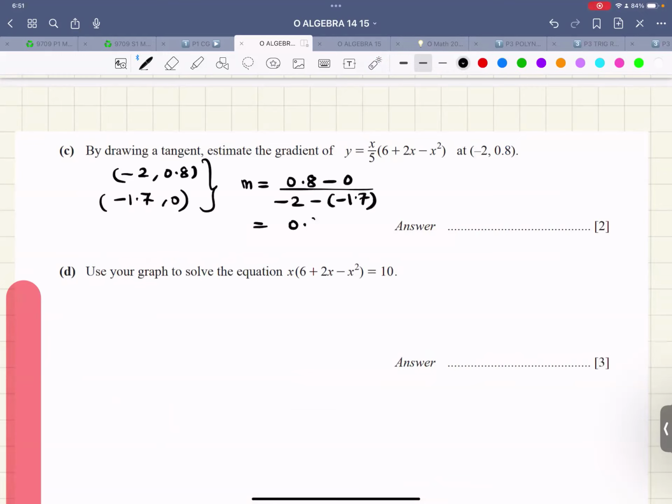That is 0.8 at the top. Negative 2 plus 1.7 is negative 0.3. This comes out to be 8 over 3, which is approximately 2 whole 2/3 with a negative sign.